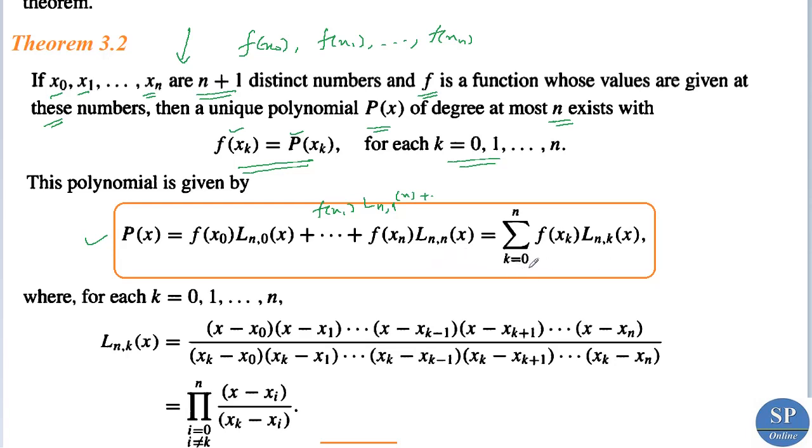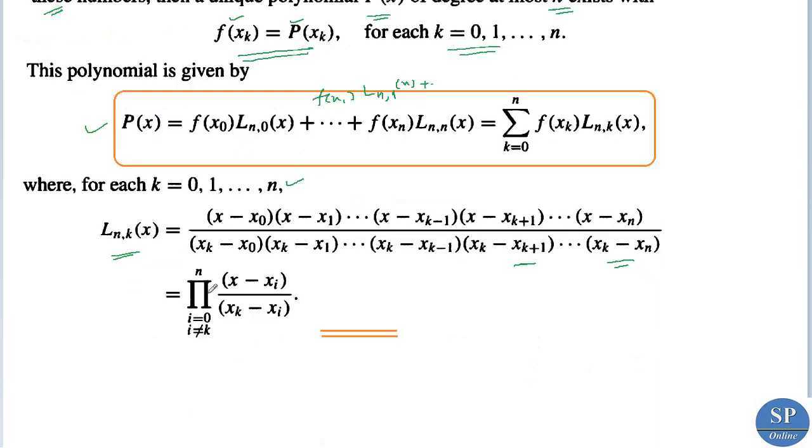That is, summation k from 0 to n of f of xk L_{n,k} of x. Also, the general L_{n,k} is nothing but (x minus x0)(x minus x1), etc., (x minus xk minus 1)(x minus xk plus 1), etc., (x minus xn) divided by (xk minus x0)(xk minus x1), etc., (xk minus xk minus 1)(xk minus xk plus 1), etc., (xk minus xn).